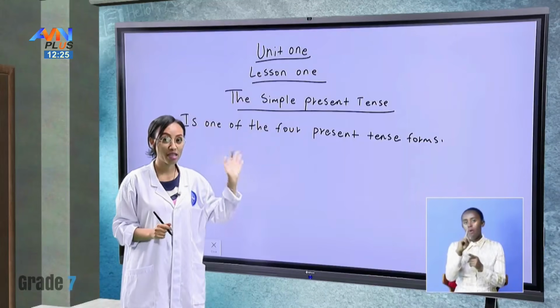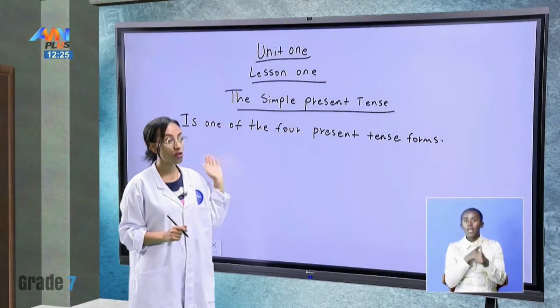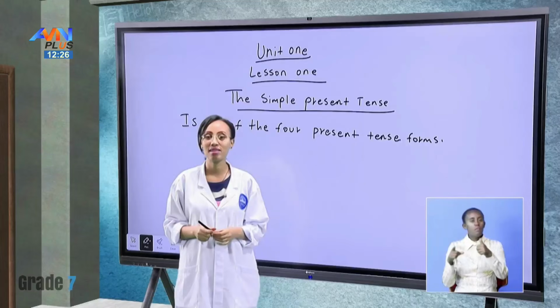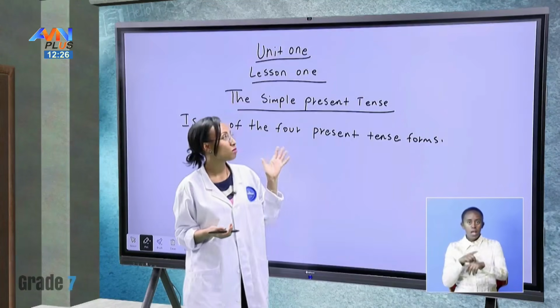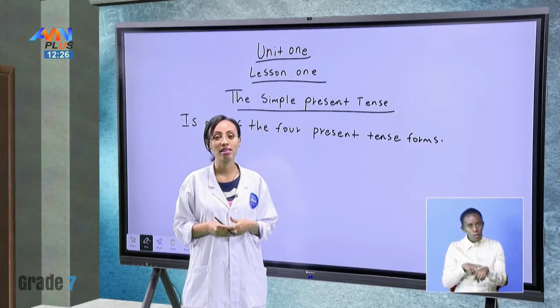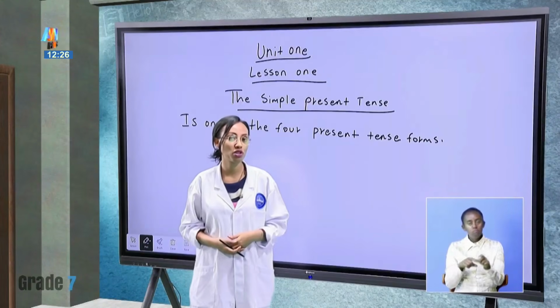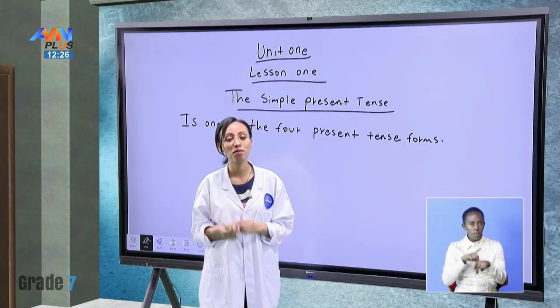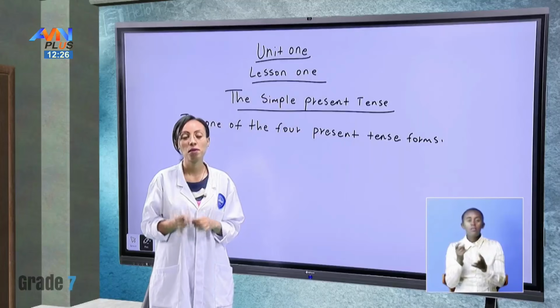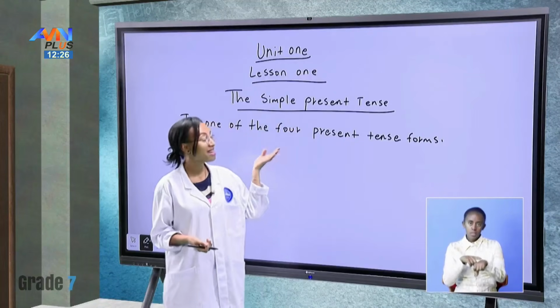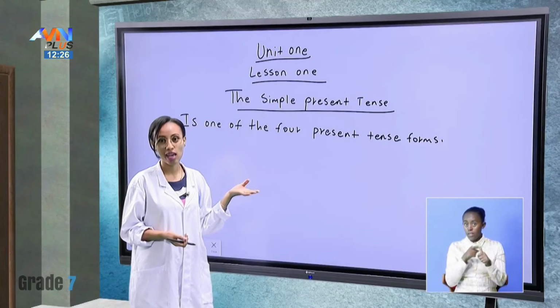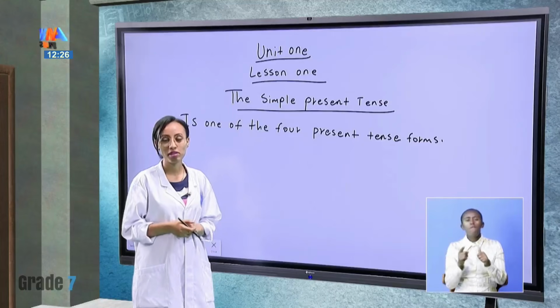They are the simple present tense, the second one, the present continuous tense, the third, the present perfect tense, and finally, the present perfect continuous tense. And this is the first in the four forms of the tense.